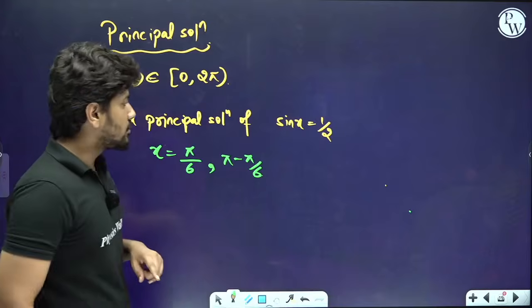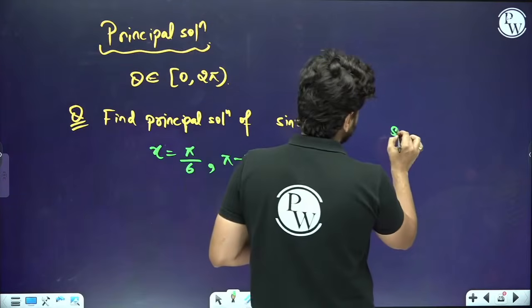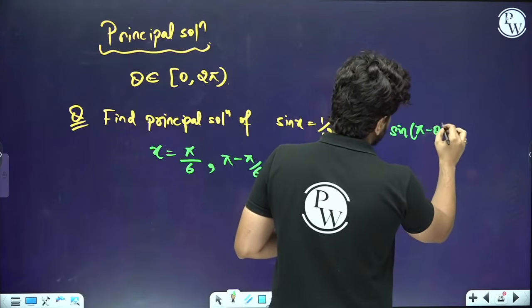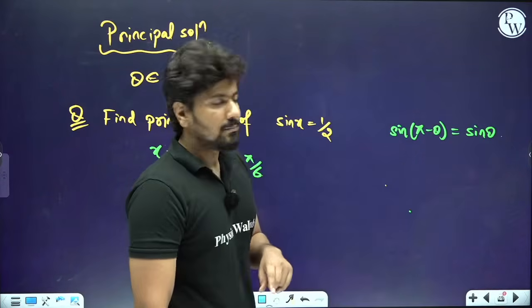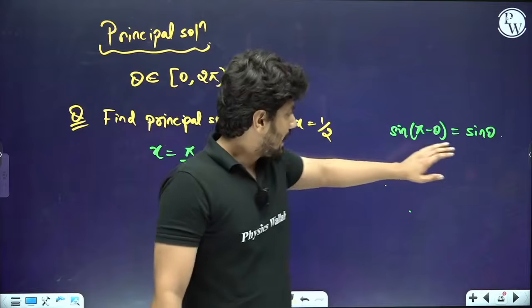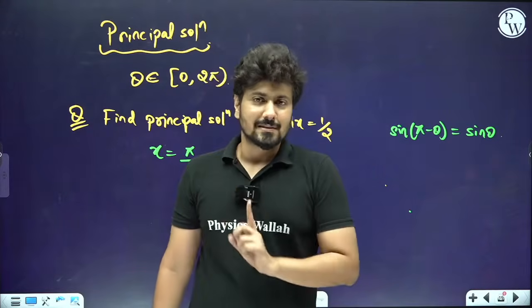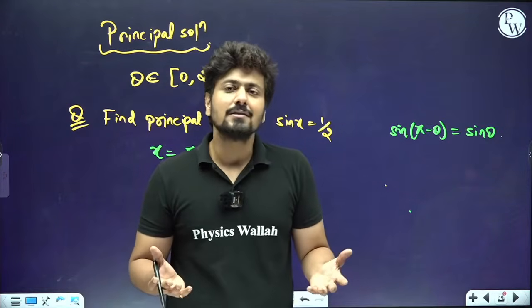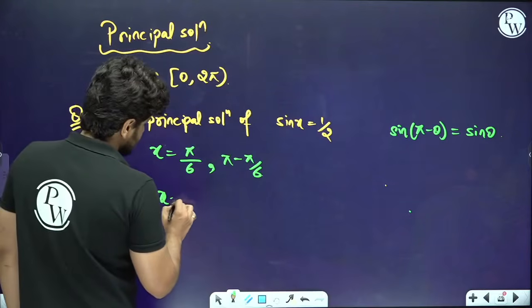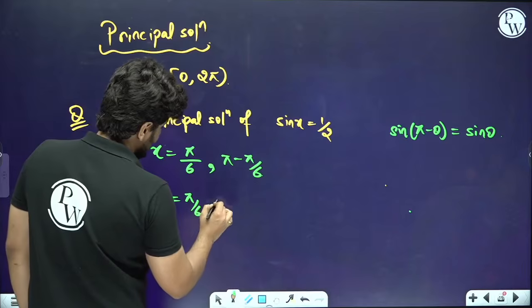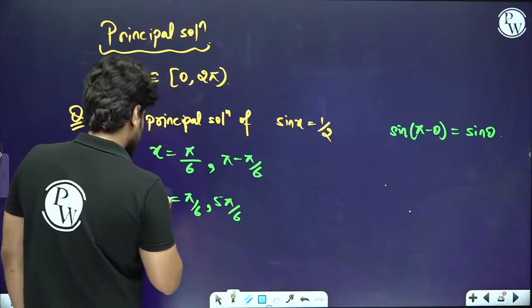because we know that sine of pi minus theta and sine of theta give you the same value. Basically sine of pi by 6 and sine of pi minus pi by 6, both of their values are the same. So x is equal to pi by 6 or x is equal to 5 pi by 6.